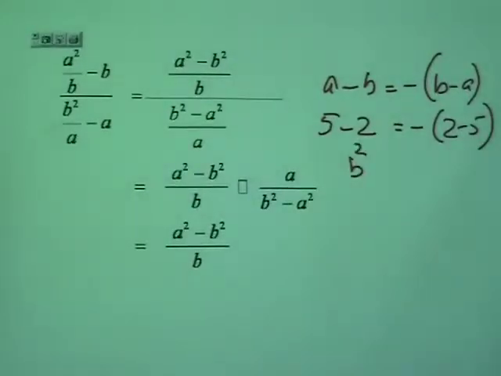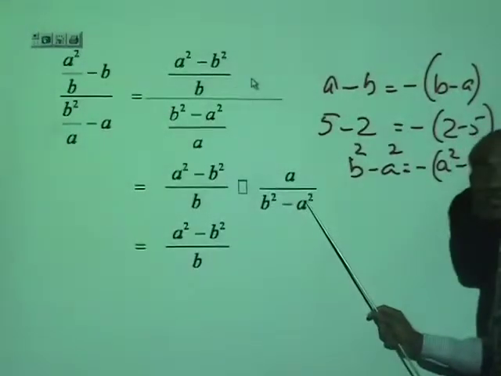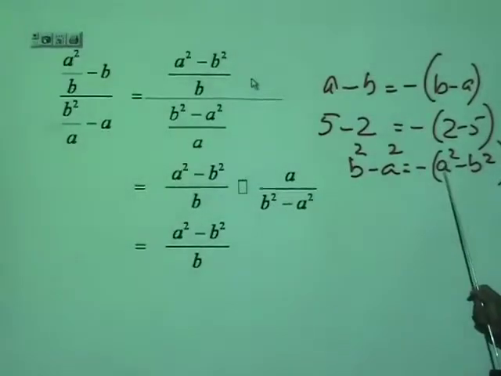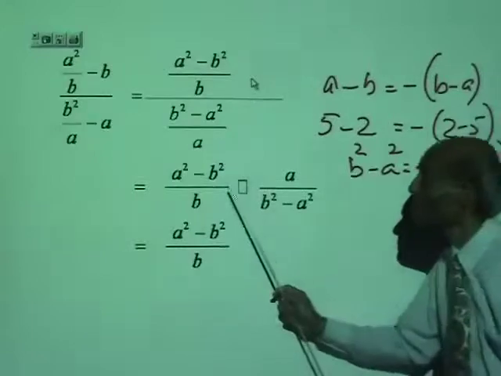Therefore, b squared minus a squared can be written as negative of a squared minus b squared. Isn't that possible? Yes. This b squared minus a squared can now be written as negative of a squared minus b squared. So that's what we're going to do here.